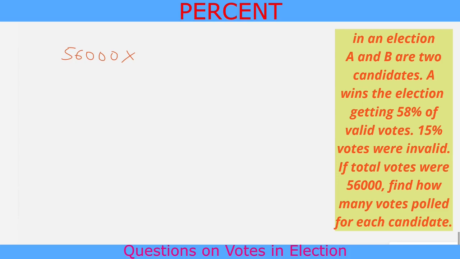It means that 85% votes are valid votes. So we take 85% of 56,000 votes, which is 56,000 multiplied by 85 upon 100. And of these votes, the winning candidate gets 58% vote. So we multiply it by 58 upon 100.